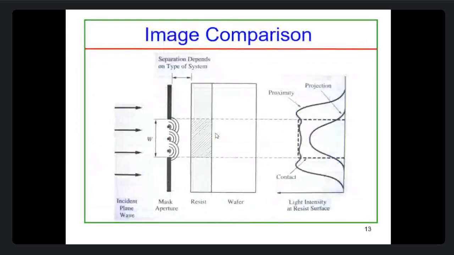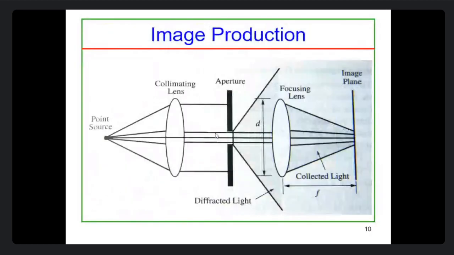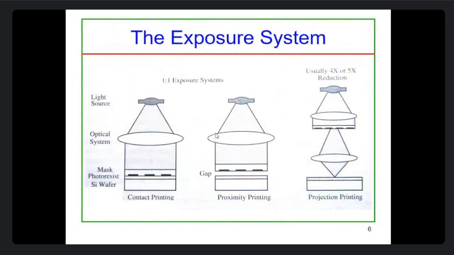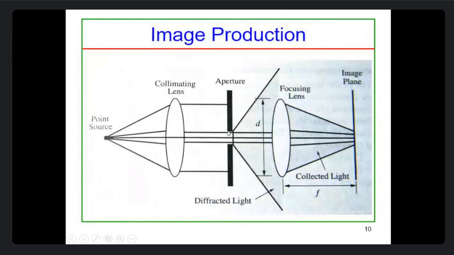Okay, so that is the figure of exposure, the projection printing system. So that means, as we have understood from here, part of the light from the mask is diffracted, as I already showed you in this figure, at a large angle.